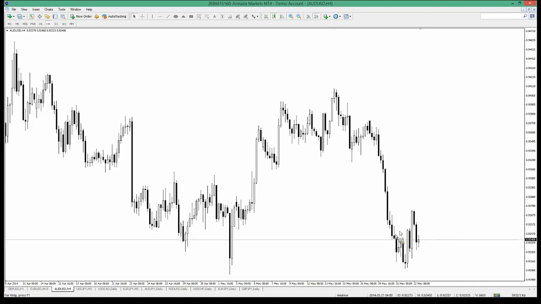So the first thing we want to identify is the level. We've got this area down here, the support area here, okay?